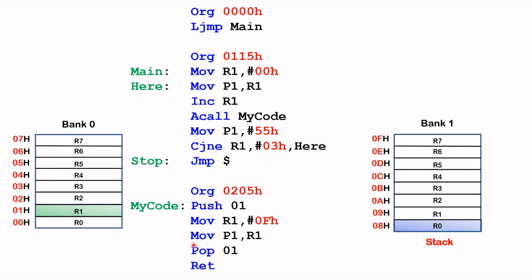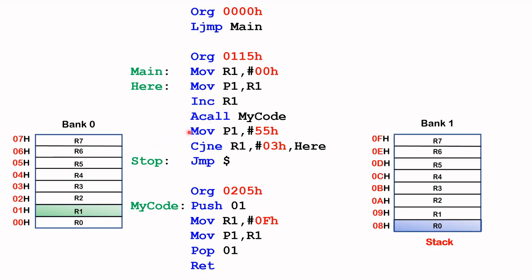I repeat again, pop basically restores the contents that were previously saved on the stack back to R1. It doesn't take the data away. What it does is, again, make a copy of what's stored in here and copy it into R1 or 01. Once that restoration is complete, we then go down to RET, that's return back to the main program.